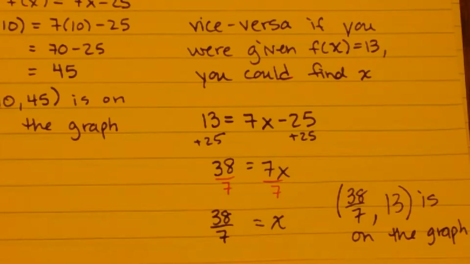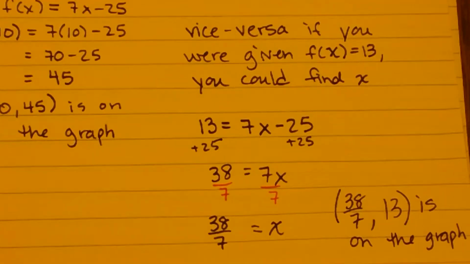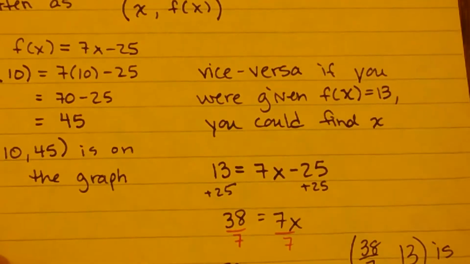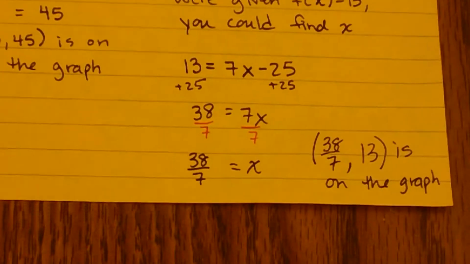And now it's on the screen. So let's look at a graphical piece and see how this function notation works if you're given a picture instead of an equation. So I'm going to start with a graph that looks like this.